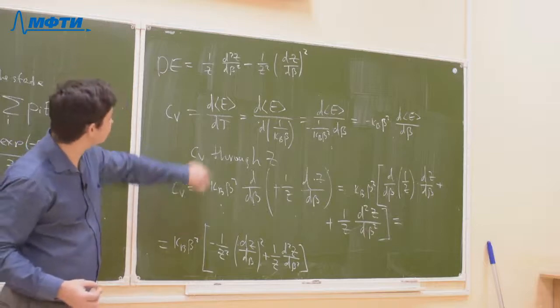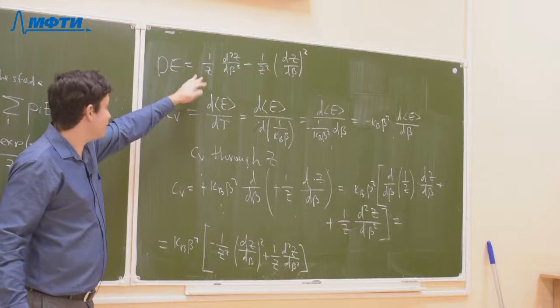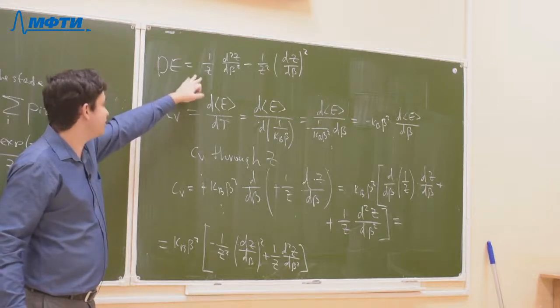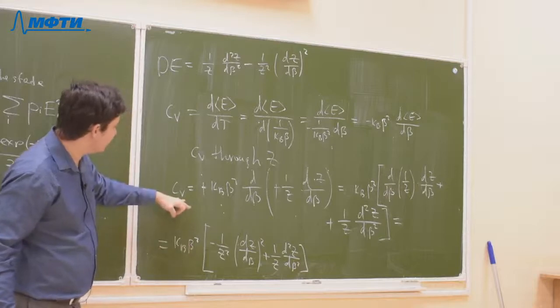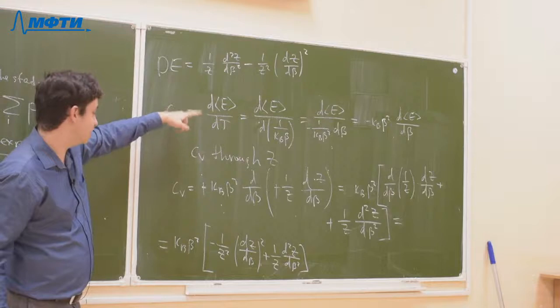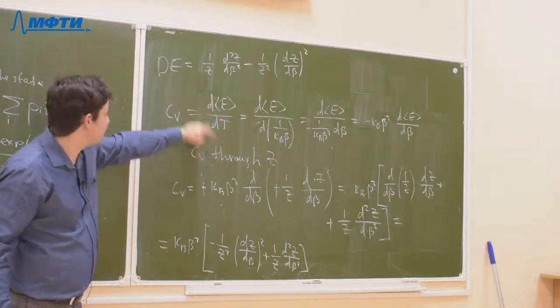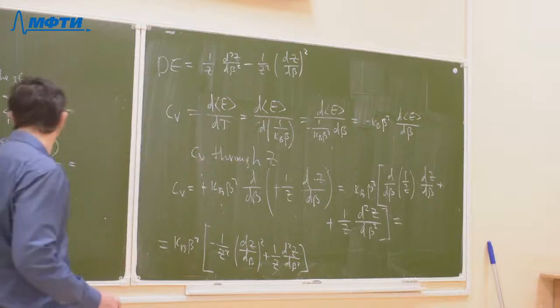this expression is quite similar to this one. And it should be quite easy for me to find the correspondence between the heat capacity at constant volume and the variance of energy. So I just insert this variance of energy here and get the result.